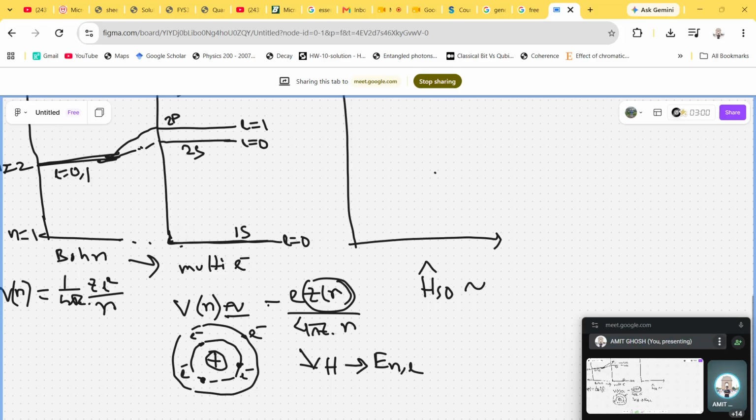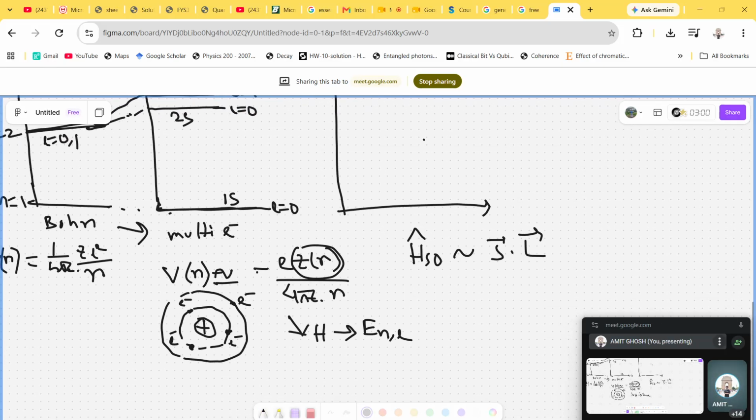So this is proportional to S dot L, the spin and orbit coupling term. The derivation you will learn in an atomic course. I'm just telling you there is some spin orbit coupling term also. So this S dot L you can write as J square minus, what's this.